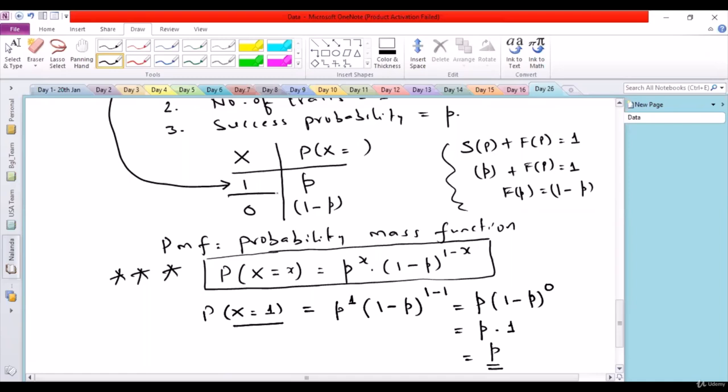You see here, this is right. When my x takes the value 1, my probability becomes p. Any question, my dear friends?